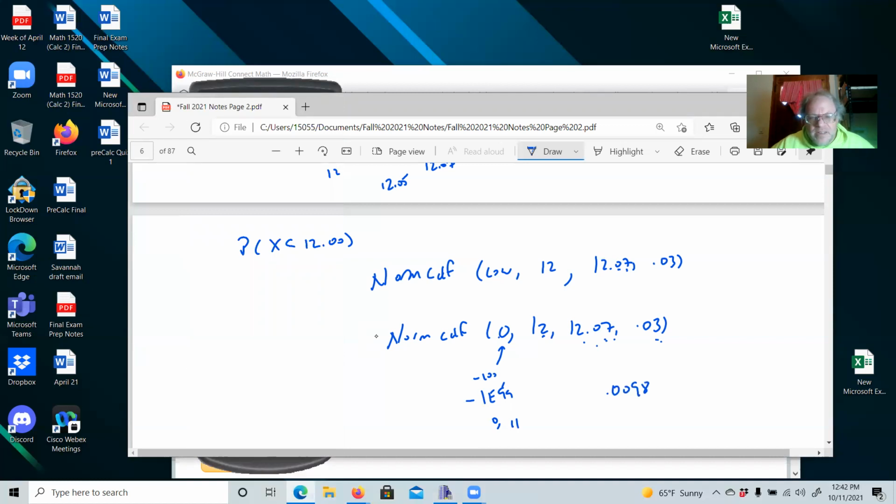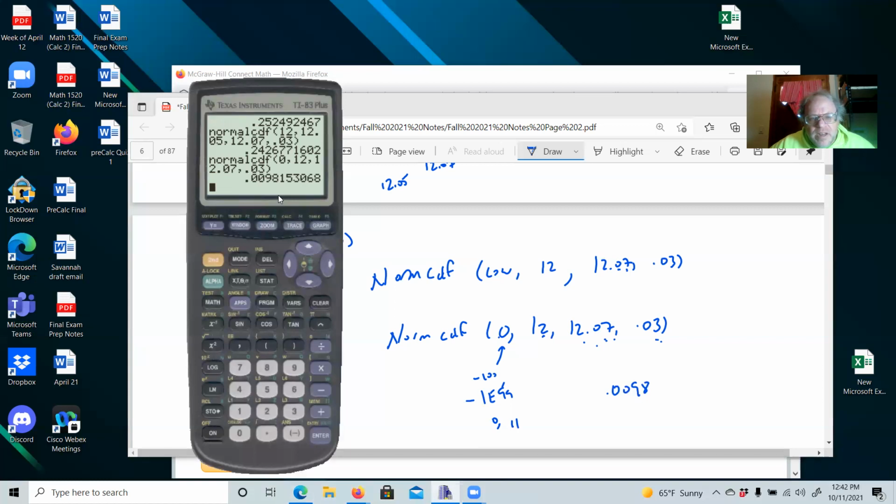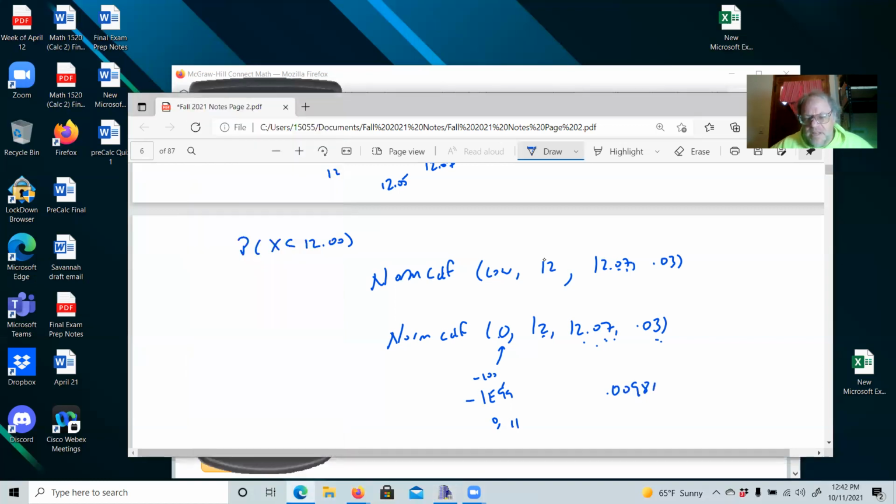Let's see the decimals, 981. So to 4 decimal places it's 0.0098. So that's less than, right, 0.1%? No, it isn't. It's about 1%. Sorry, 1%. So 1% of the time, this can might be underfilled.